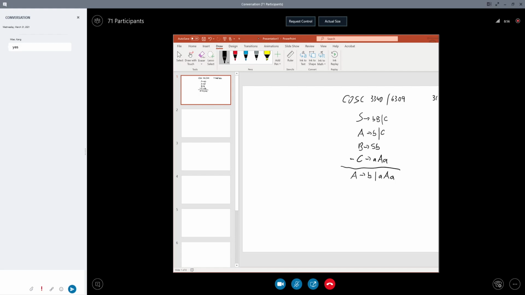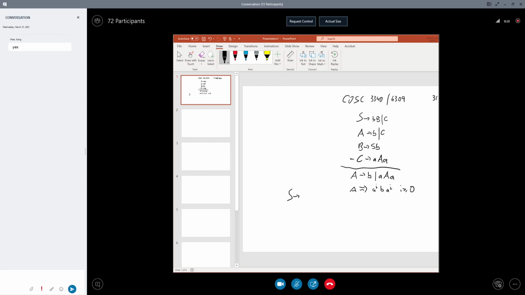From that we can obviously get that A gives us a bunch of a's, 0 or more, followed by a, followed by the same number of a's, i greater or equal to 0. That takes care of that.